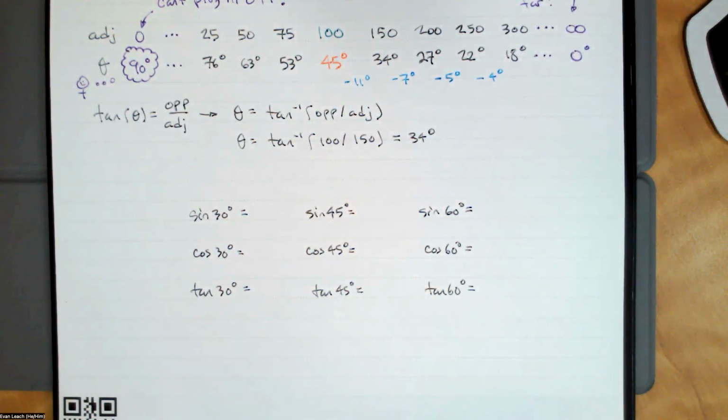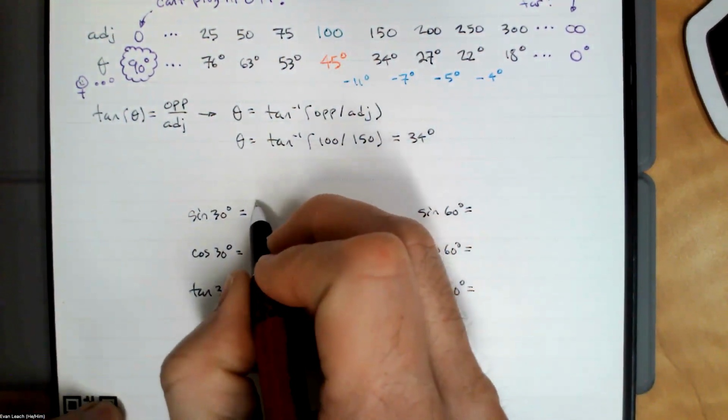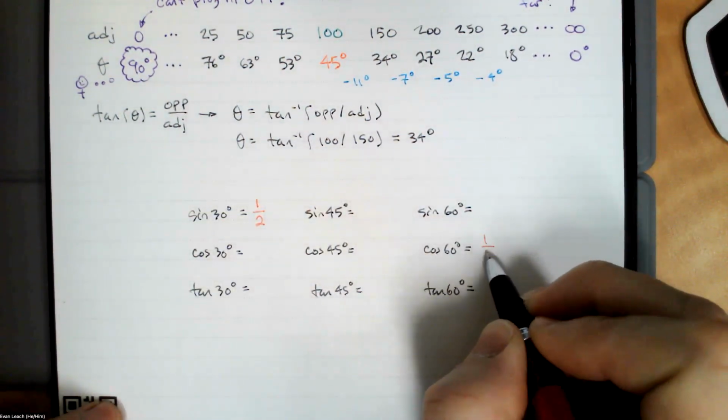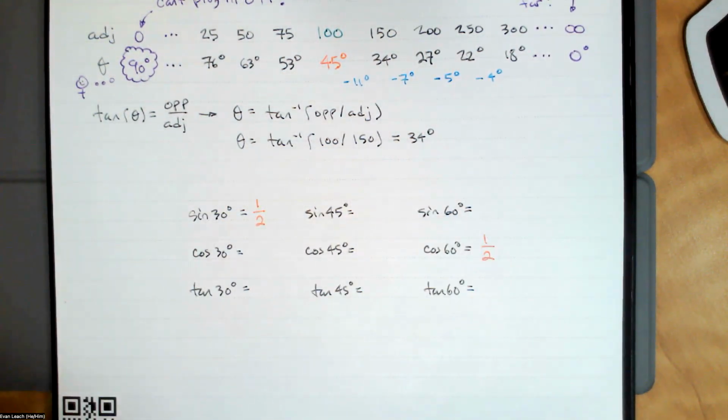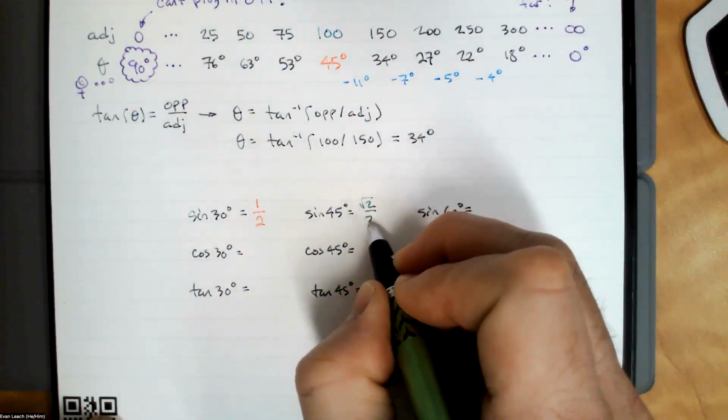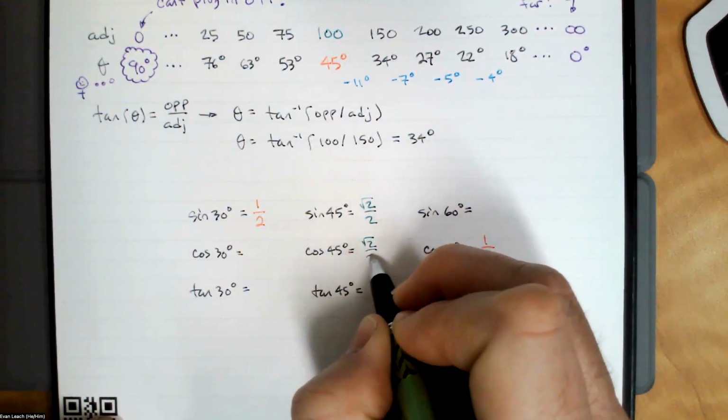And what we want to do is add 2 more columns to what's going on here. So we have all these values. Let's just fill them in.